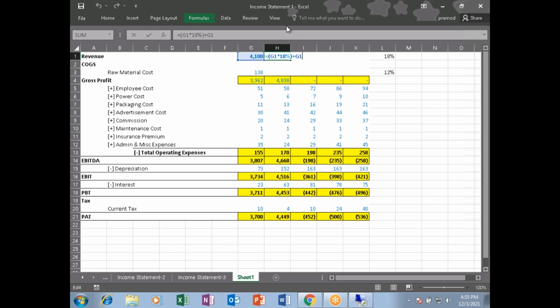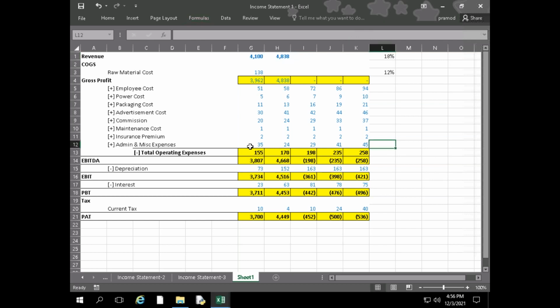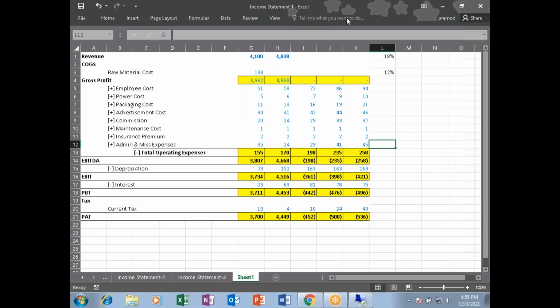Sir, I'm getting the value in brackets, so is it fine, sir? If you are getting it in brackets, that means it is in loss.